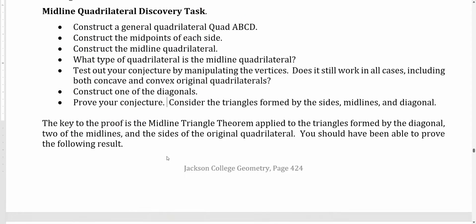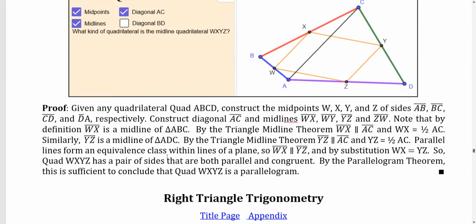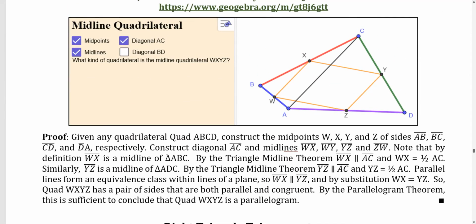Okay, well, here's the proof. Given any quadrilateral ABCD, construct the midpoints W, X, Y, and Z of sides AB, BC, CD, and DA, respectively.